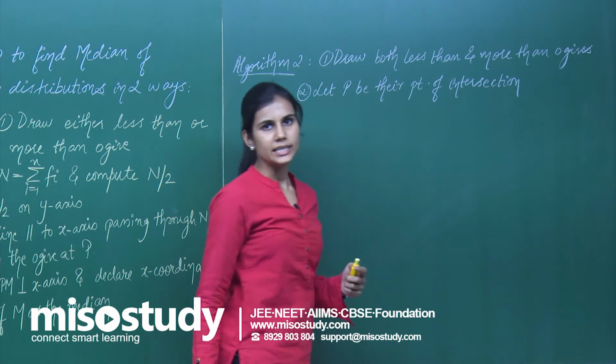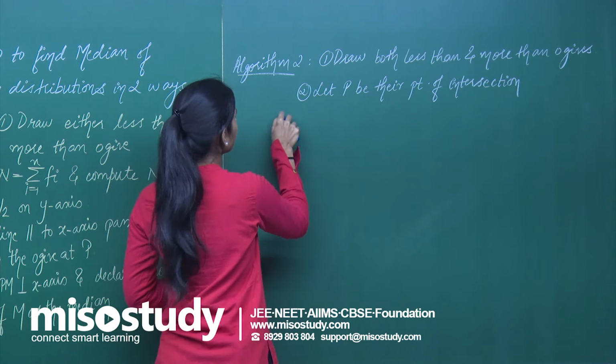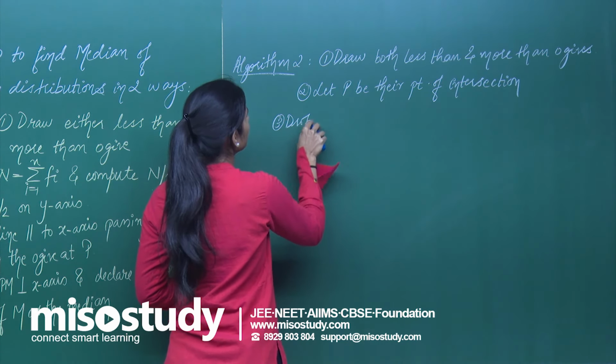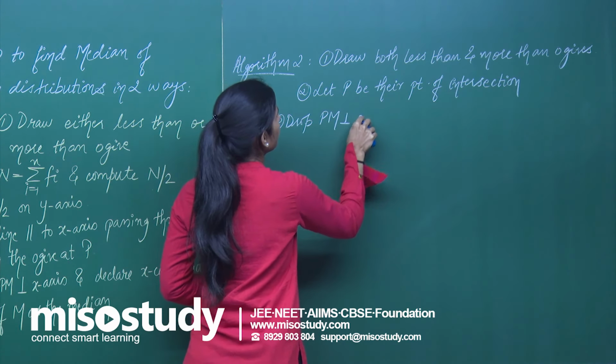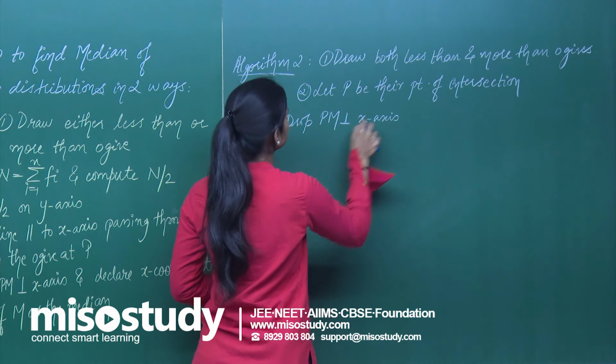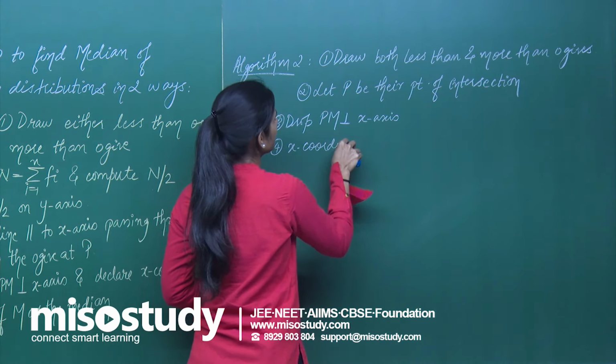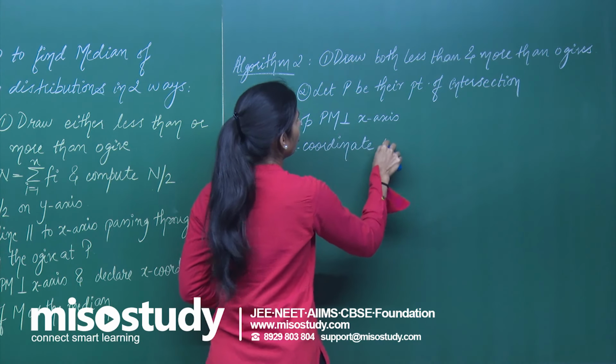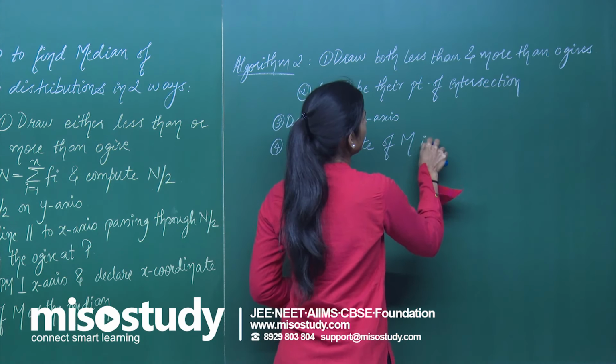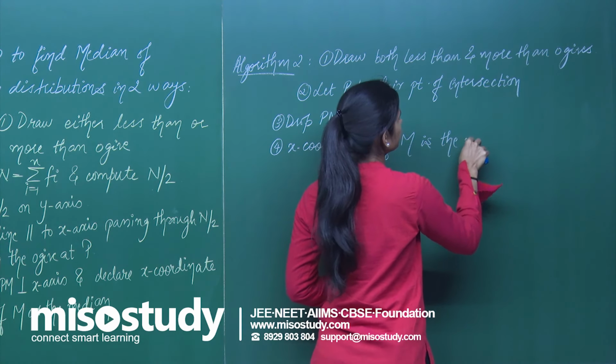So they both will be intersecting somewhere, that point is P. Drop PM perpendicular to the x-axis. The x coordinate of M is the median.